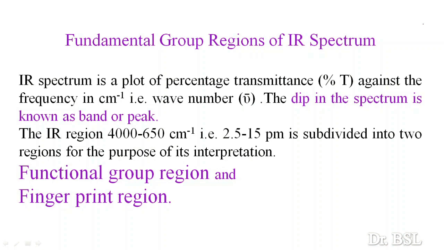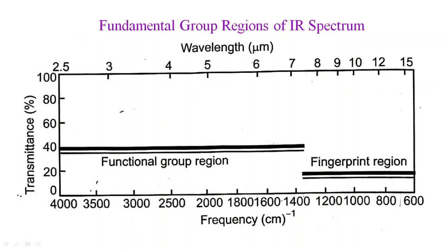The dip in the spectrum is known as band or peak. And this IR spectrum has two regions, functional group region and fingerprint region. So this is the typical schematic diagram of IR spectrum.